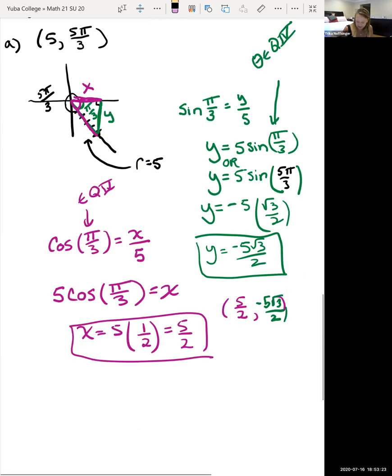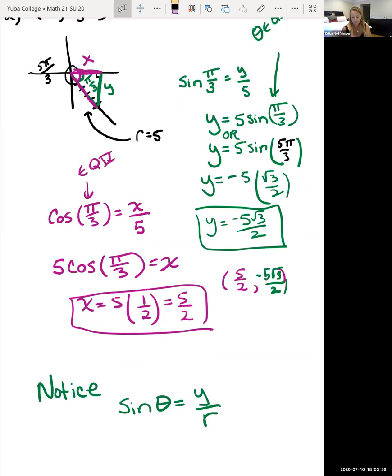So notice that. Sine theta is equal to y over r. And so y can be represented as r times sine theta.